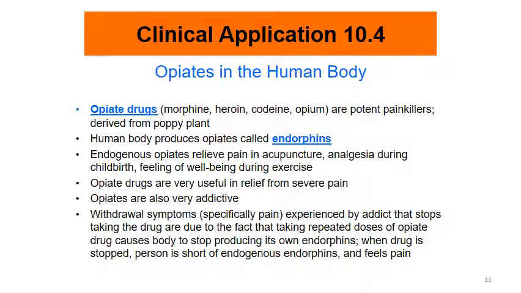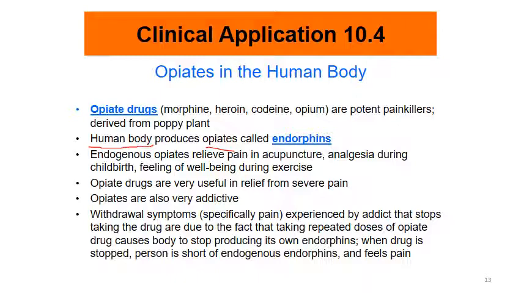Opiate drugs: morphine, heroin, codeine, opium. These are painkillers. Our body actually makes natural opiates, called endorphins. Naturally released in our body, they relieve pain. We have also seen that acupuncture can lead to opiates getting released in our body, as well as during exercise.